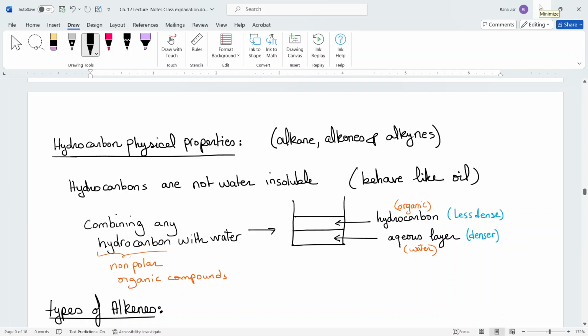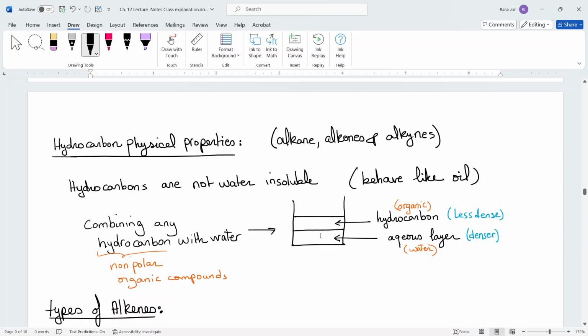Hydrocarbons are known to be non-polar and they are organic compounds, meaning that no matter how many carbons they have, one, two, three carbons, whatever, all hydrocarbons, whether they are alkanes, alkenes, or alkynes, behave like oil. So when you want to mix them with water, they are insoluble in water, and they form two separate layers.